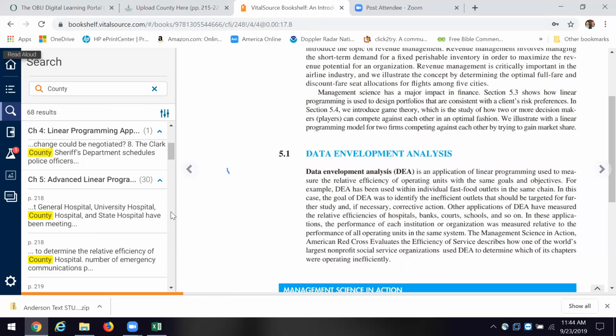DEA is simply a way that we use optimization to create a benchmark by which we can compare a variety of locations or operations, typically locations. In this case, they're going to show us the application of this in terms of hospitals.